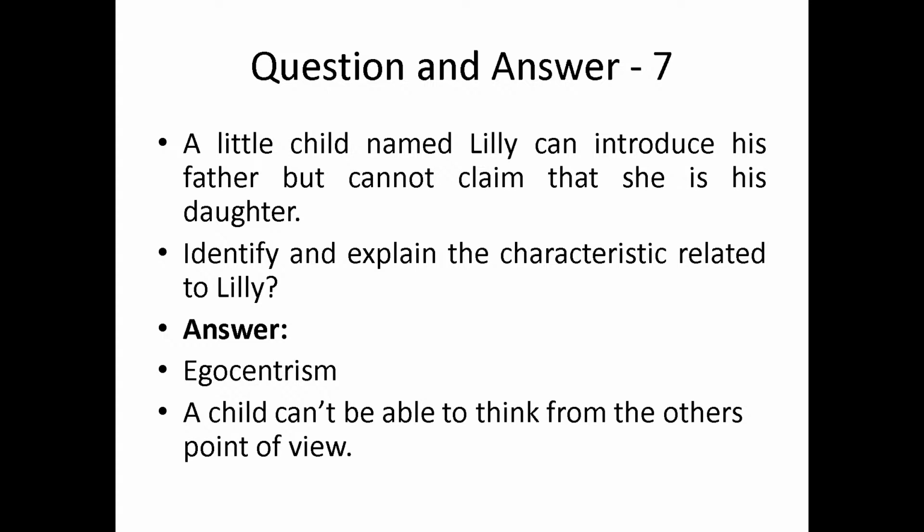Children try to understand the world from their own point of view and feel that they are right. For example, Lily can introduce her father: He is my dad. She cannot say, I am his daughter. So this is egocentrism.